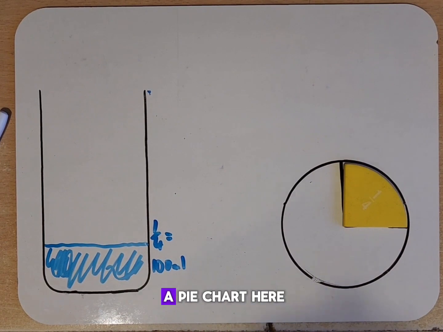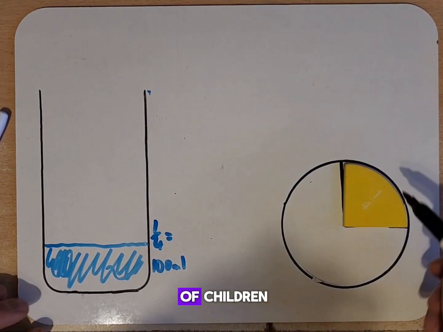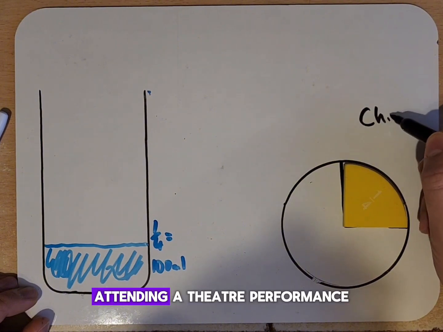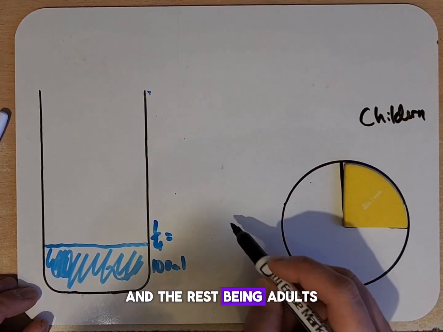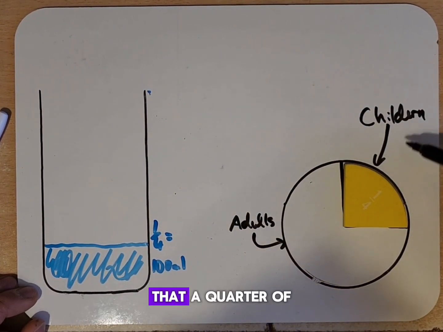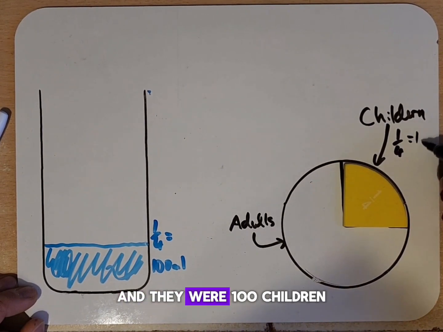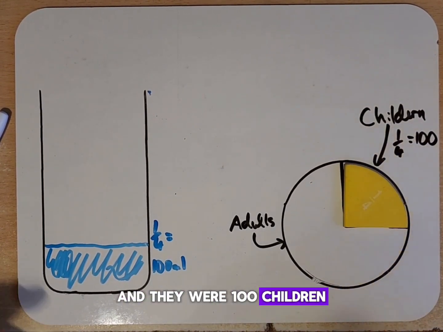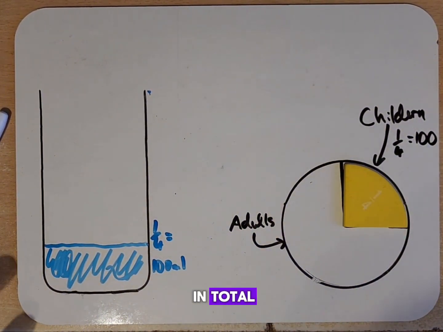Similarly, we might have a pie chart here that shows the number of children attending a theatre performance and the rest being adults. And we get told that a quarter of the entrants are children, and there were 100 children. How many people came to watch the show in total?